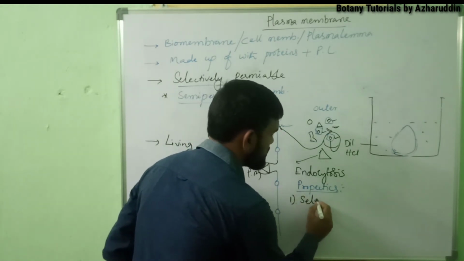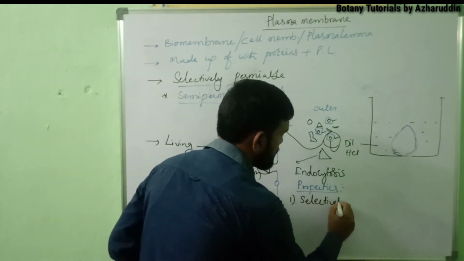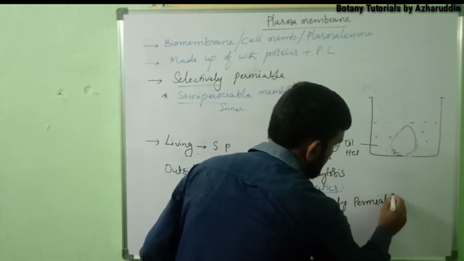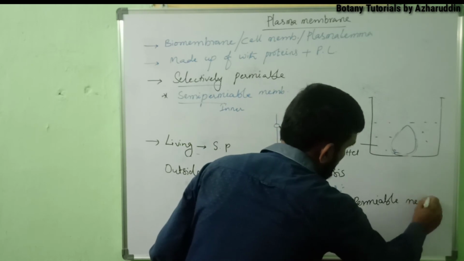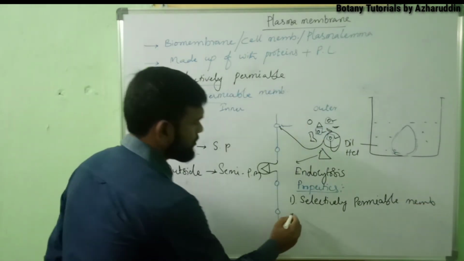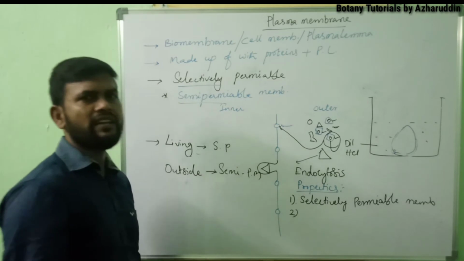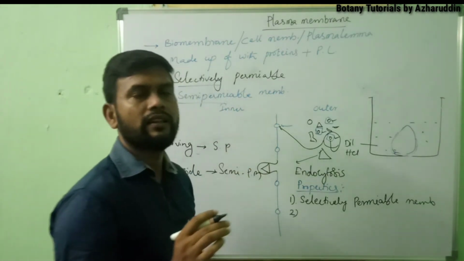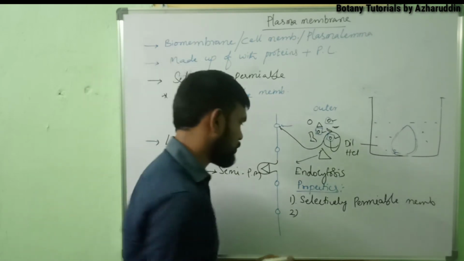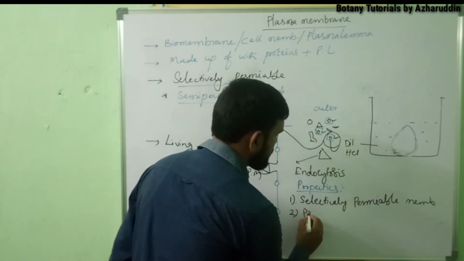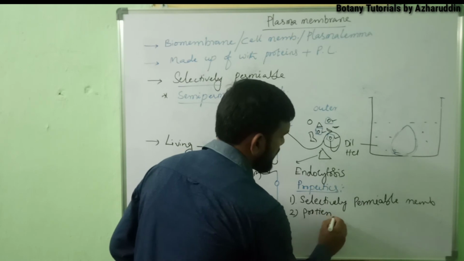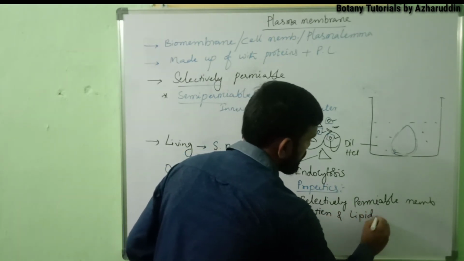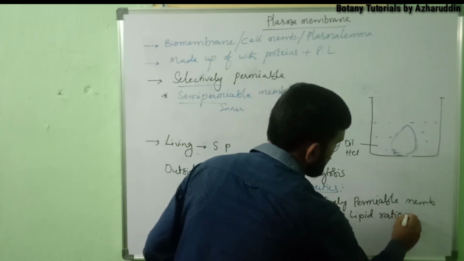Next, the second property is that the plasma membrane is made up of proteins and lipids. They are variable in their ratio. The protein and lipid ratio is variable.